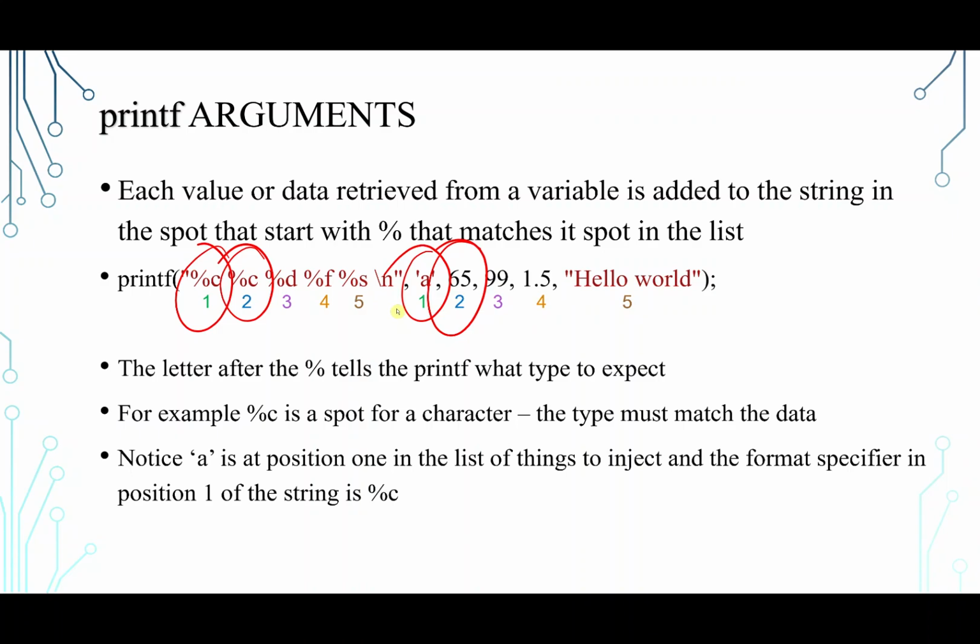The letter after the percent sign tells printf what type to expect. For example, we have %c, which is a spot for a character, so it expects a character in that place. The type must match the data. This one is a little bit tricky.